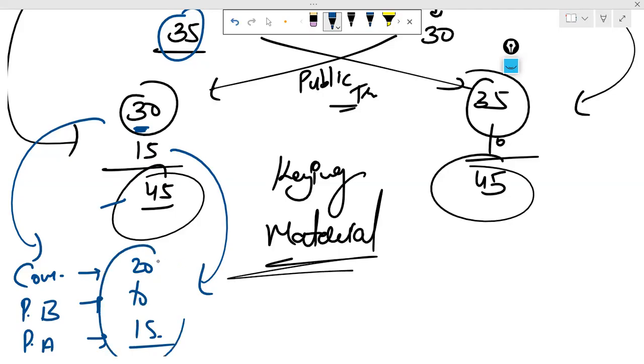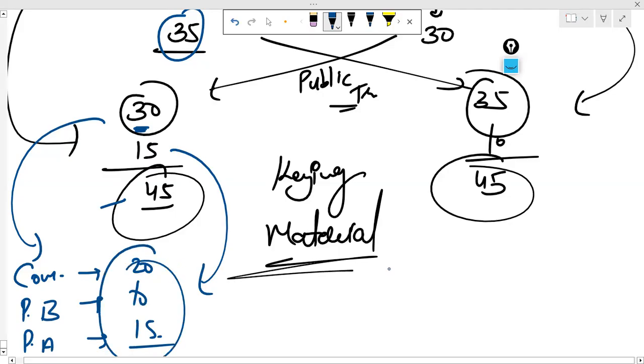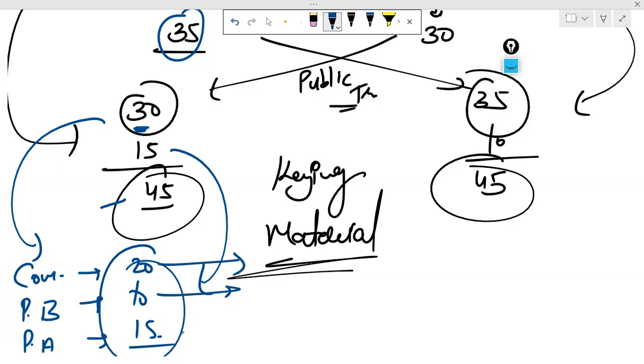So this is a mixture of all the keys: the common key, the private key of site A, and the private key of site B. Clear? Yes, sir. Okay, so this is the keying material, the mixture.